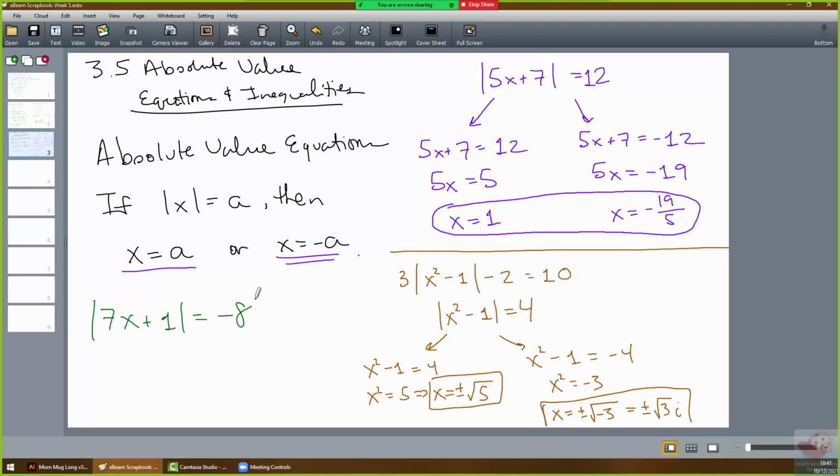Can the absolute value of anything equal something negative? No. Remember, absolute value tells you distance from 0. You can't have a negative distance. In this class, in trigonometry, that's something else. But here, because the isolated absolute value is equal to something negative, this one has no solution.